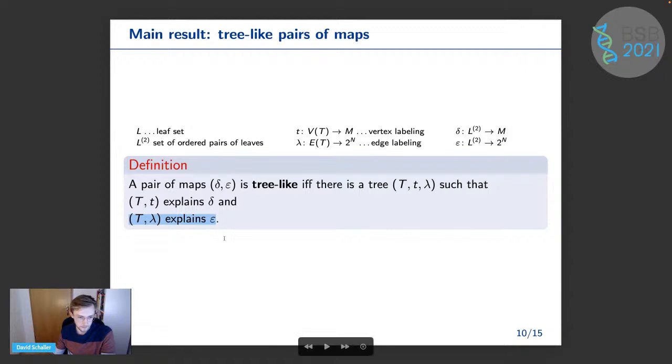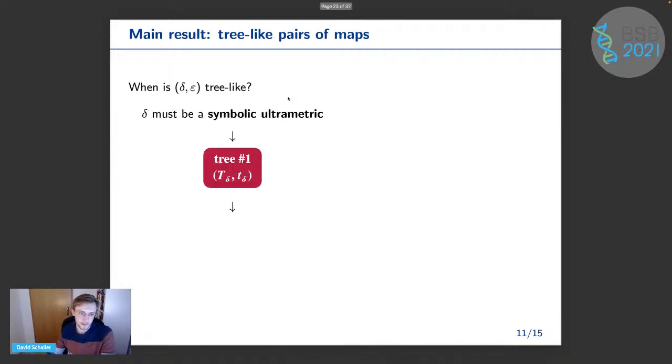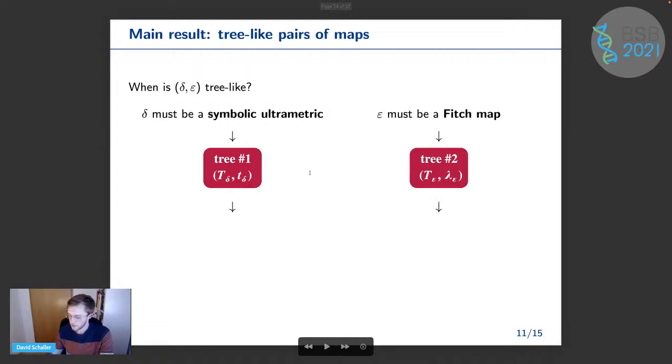So to derive some more and to answer this question when a pair of maps is tree-like, let's summarize what we already know. So we know that delta must be a symbolic ultrametric. Therefore, we can get its least resolved tree T delta. And on the other side, epsilon must be a Fitch map. So we can get another least resolved tree T epsilon.